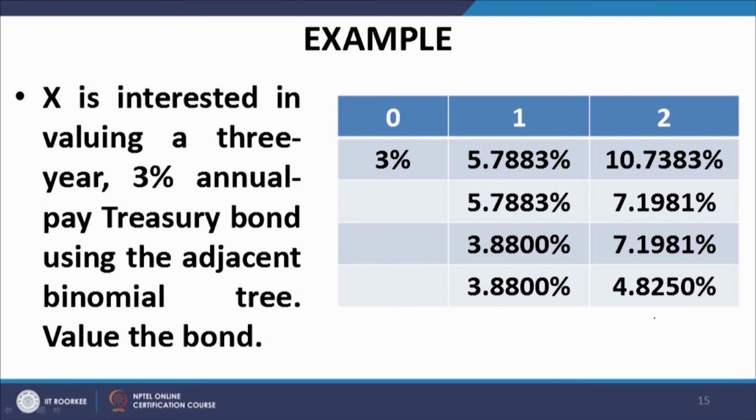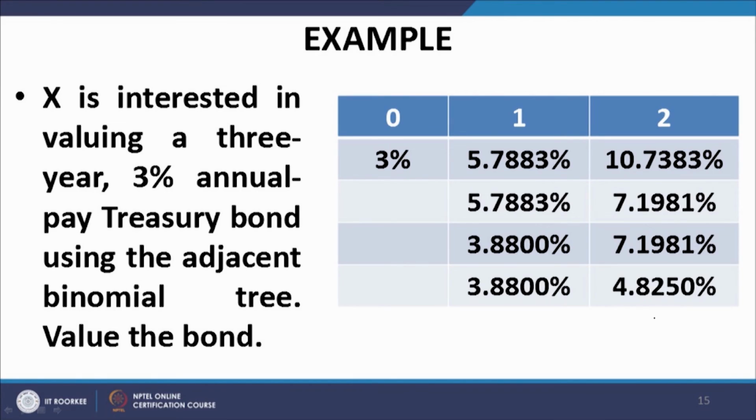The rate from t equal to 1 to t equal to 2, that is the forward rate F12, can take either of two values: 5.7883% or 3.8800%. Then at t equal to 2, again the forward rate can take two values.